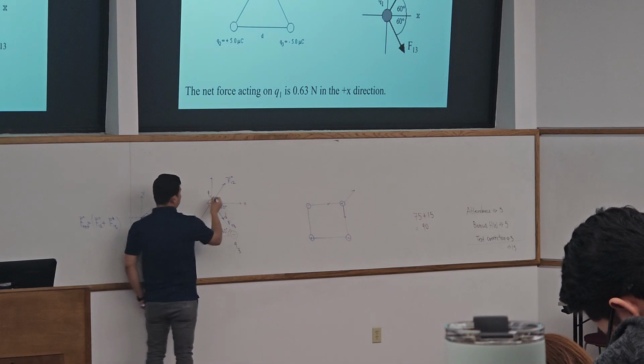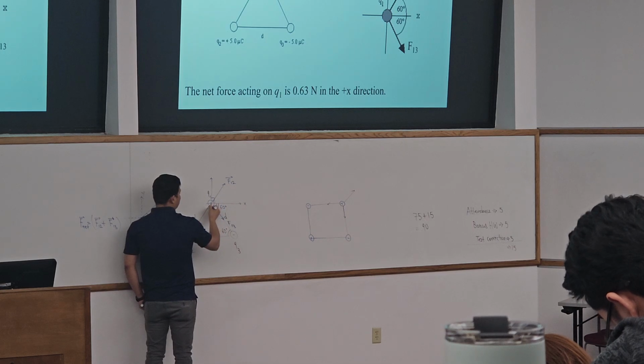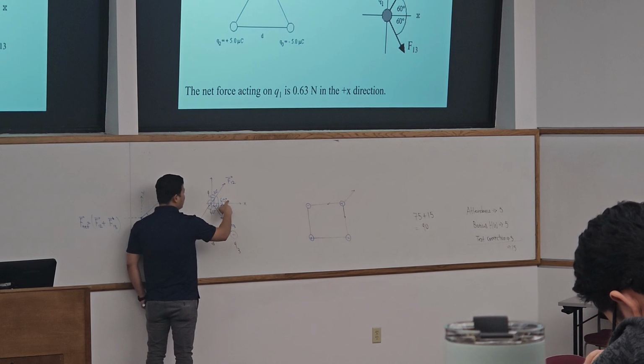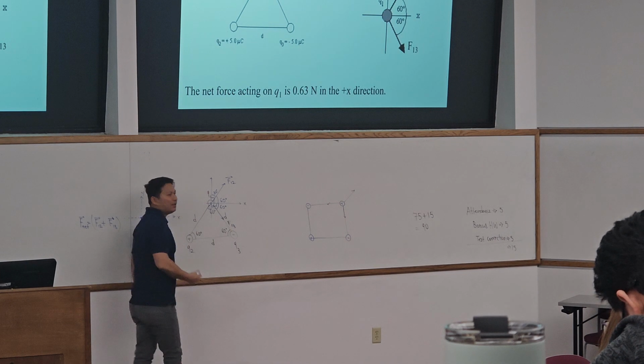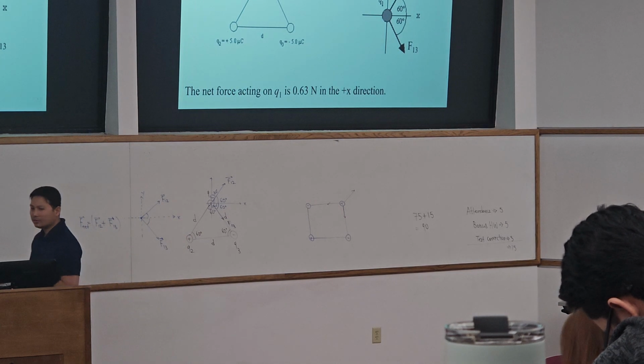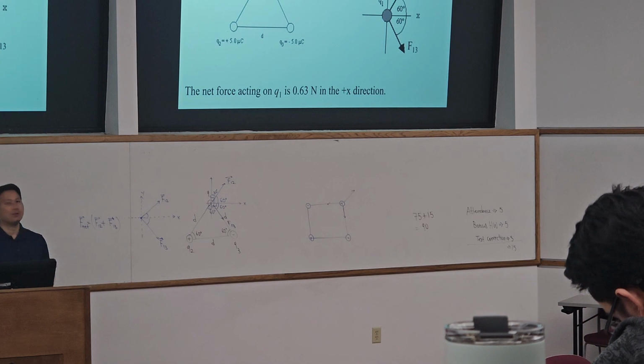The total angle is going to be 90 degrees. So this is 30 degrees, and this is going to be 60 degrees. So this force makes an angle of 60 degrees with the x direction. This force also makes an angle of 60 degrees. Then use the vector resolution to get the net force.